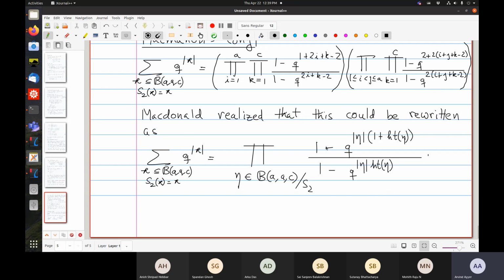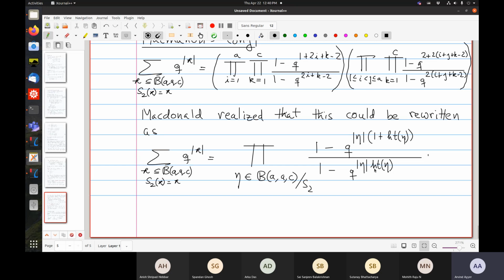And here, if you see the singleton term, you take something like i, i, k, and then mod eta is just 1. So I get 1 plus i plus k minus 2, which is why I have written it this way.